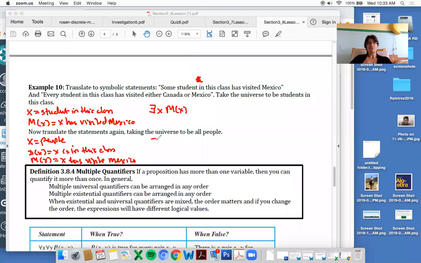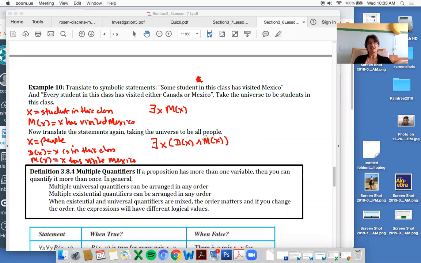Then the translation would be: there exists a person who is in this class and has visited Mexico.